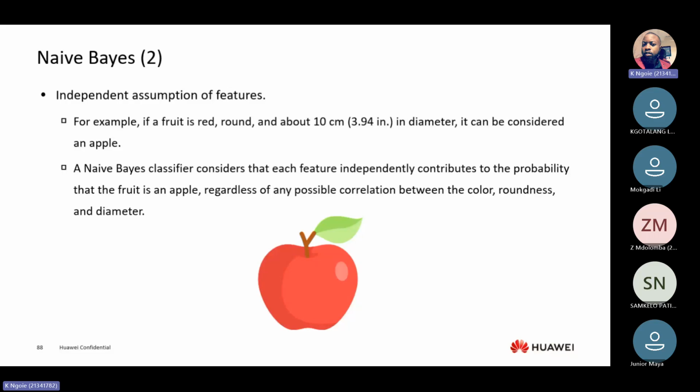That's why they call it naive Bayes, because the algorithm is really naive. The naive Bayes can look at an example such as a fruit. It looks at a fruit because it's red, it's round, and it's about 10 centimeters, and the algorithm will detect it as an apple. It's not even going to do further research or things like that.